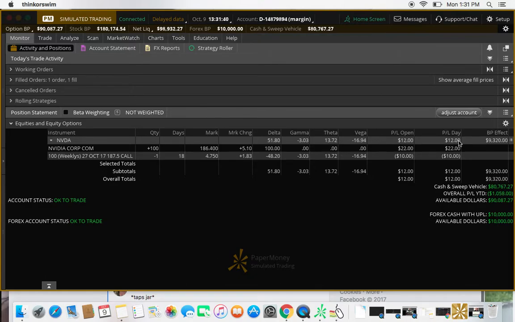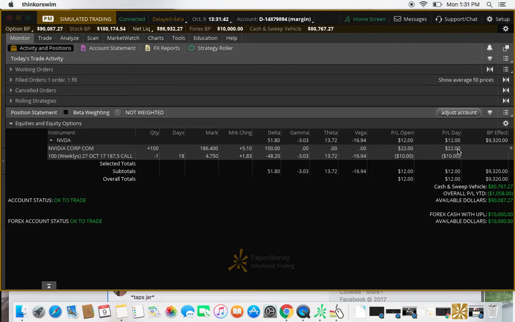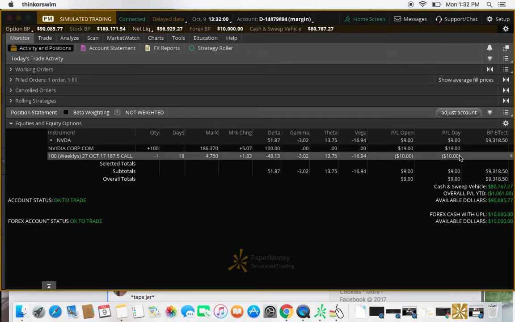The second one is for the NVIDIA option. This is for the stock. Then the next line down is minus $10. That's for the call.